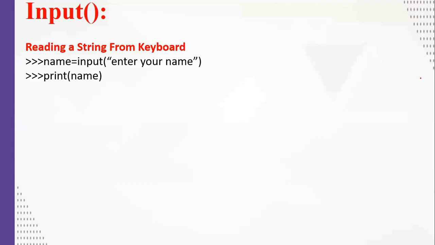So let us see the different ways of using input to scan the required data as an input for the given program. You can see on screen, if you want to read a name from the keyboard, then you can use the input function, which will scan input data from the keyboard. So the user can submit the input data from the keyboard.